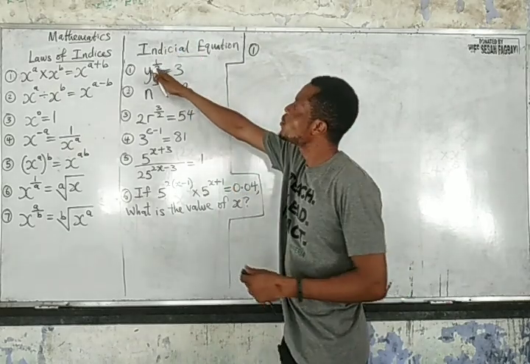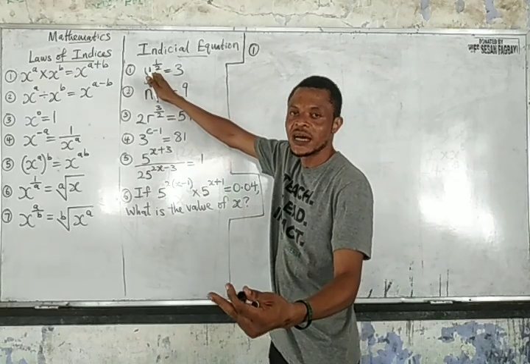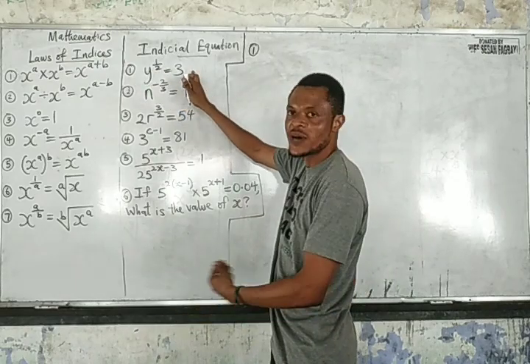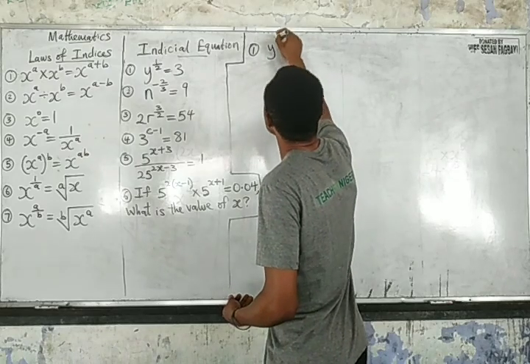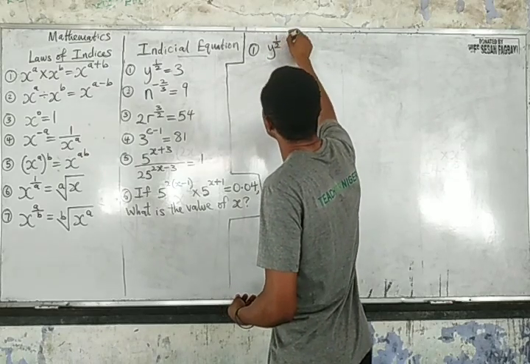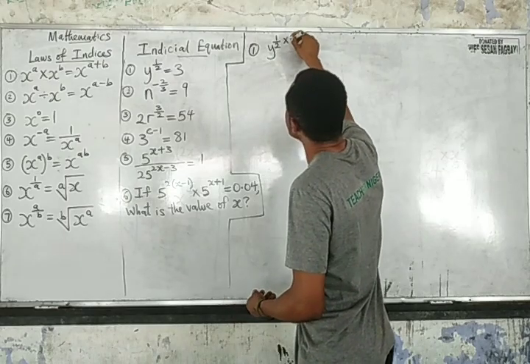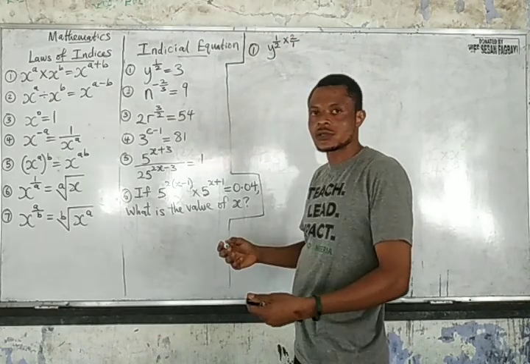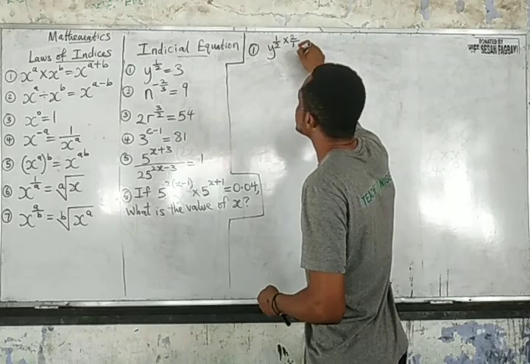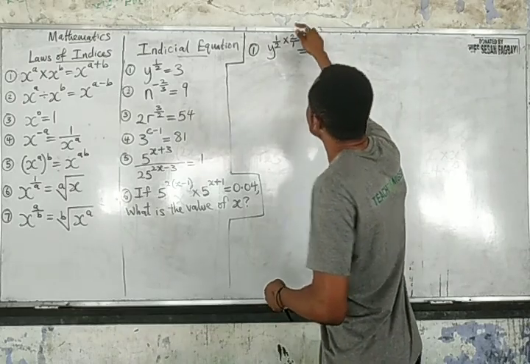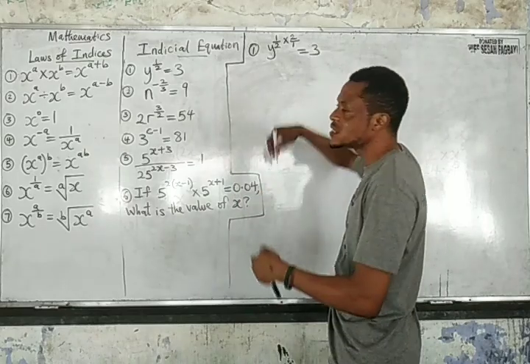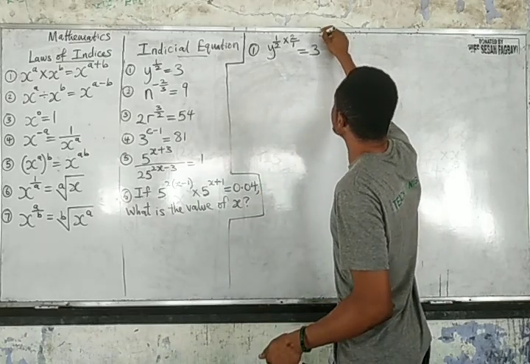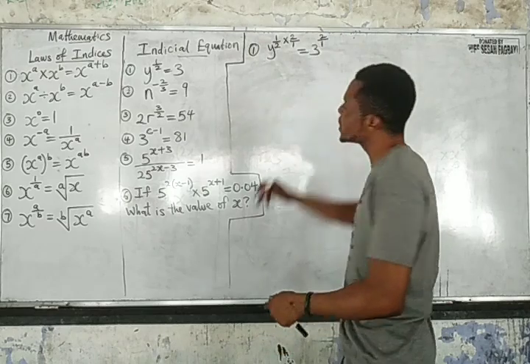We shall use it to multiply the left side of the equation along with the right side. So we shall have y raised to the power of 1 over 2 multiplied by 2 over 1, to give us 3 raised to the power of 2 over 1. And 2 over 1 is still the same thing as 2, but for the benefit of that, let me deliberately write 2 over 1 here.